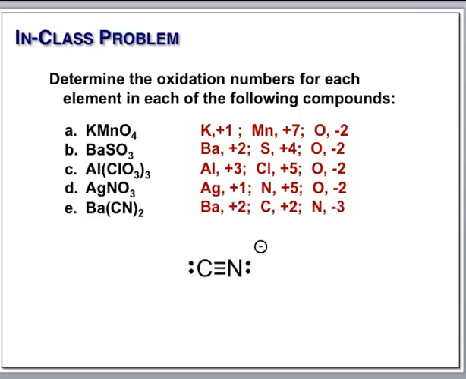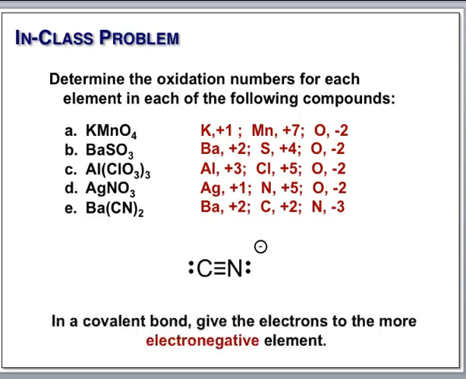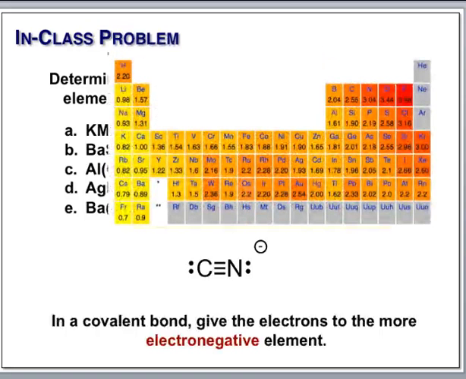This is cyanide anion. Okay? Now, these covalent bonds, the electrons in the covalent bonds, are going to belong to the element that is most electronegative. Remember electronegativity. There it is.